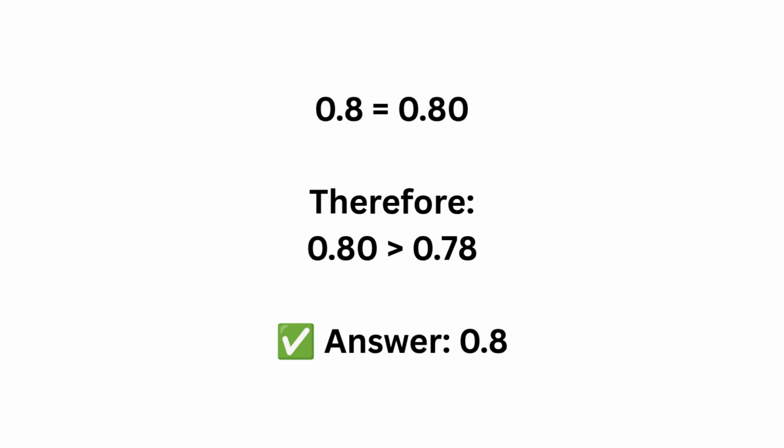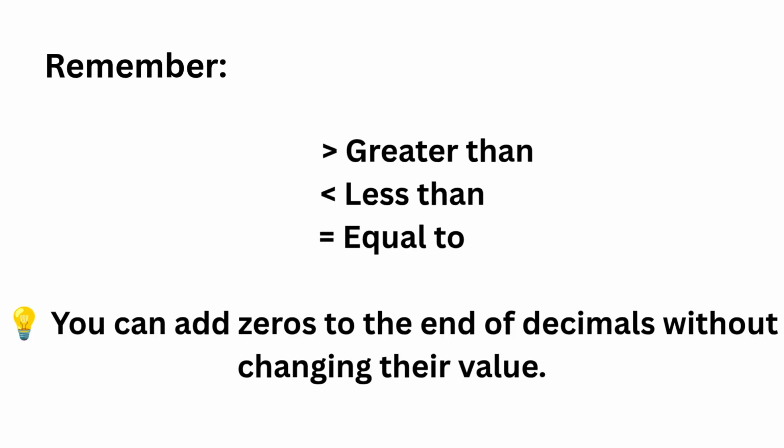So you see, 0.8 is greater. Whether you add 0 to 0.8 or not, 0.8 is greater than 0.78. So always remember the greater than, less than, and equal to signs.